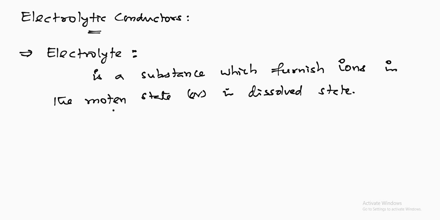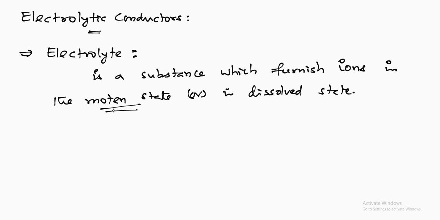What is meant by molten state? You take this substance and heat it without adding any solvent. Just take the solid substance and heat it strongly, above its melting point. What will happen? The substance will melt and become a liquid. We call that state the molten state. In the molten state, the substance will produce ions.